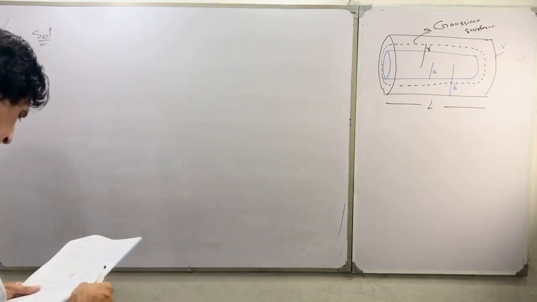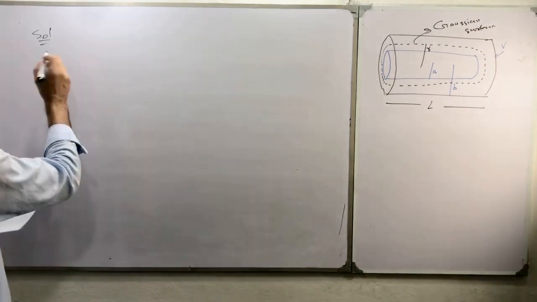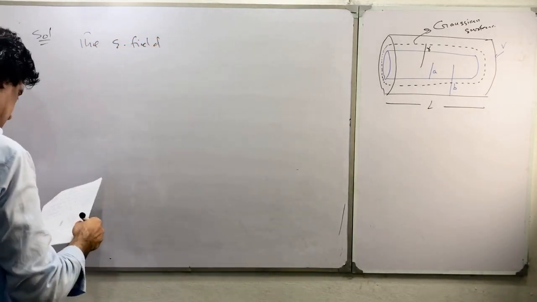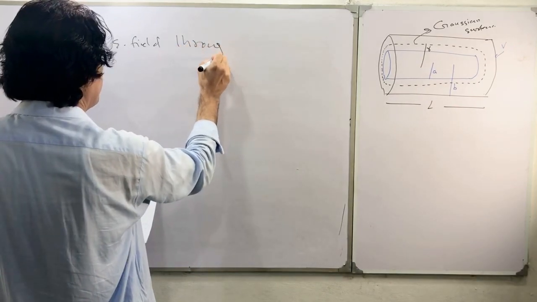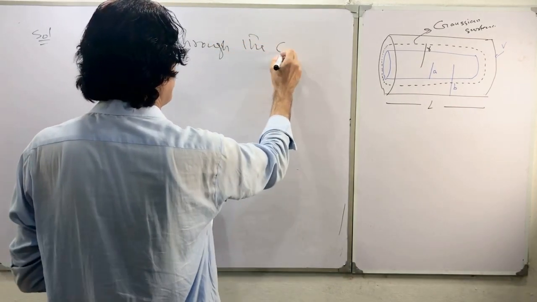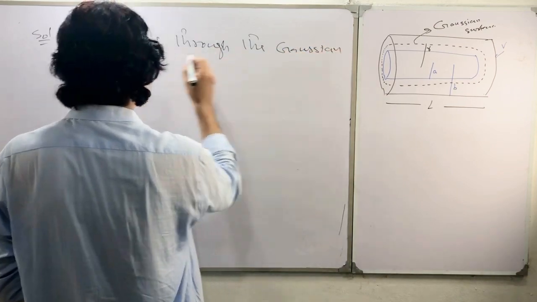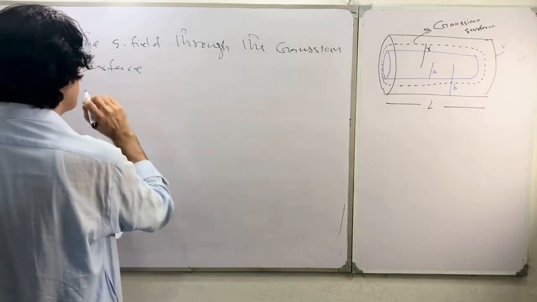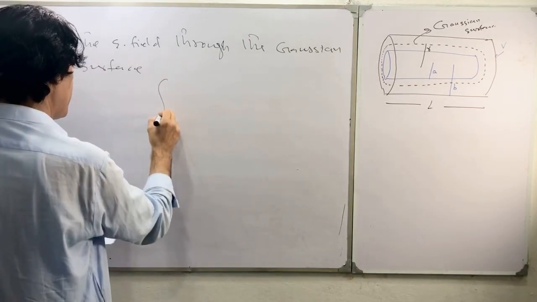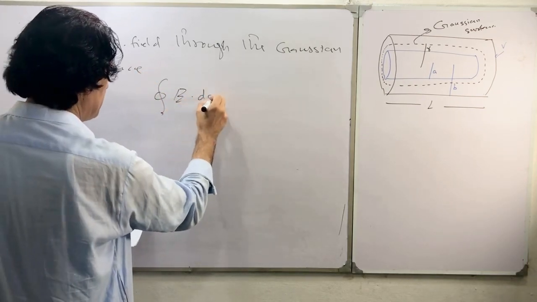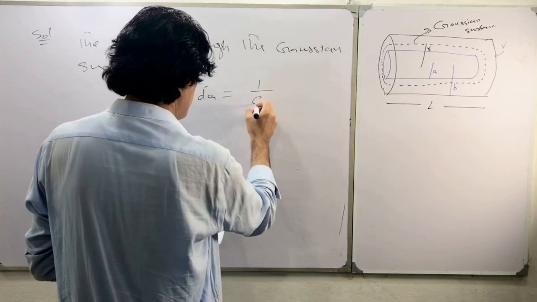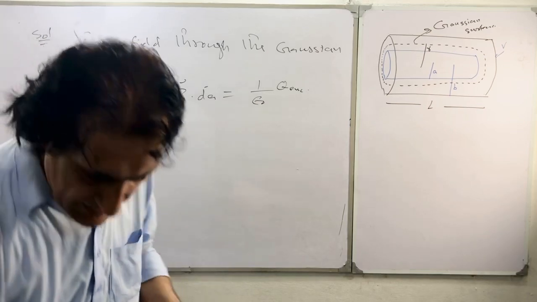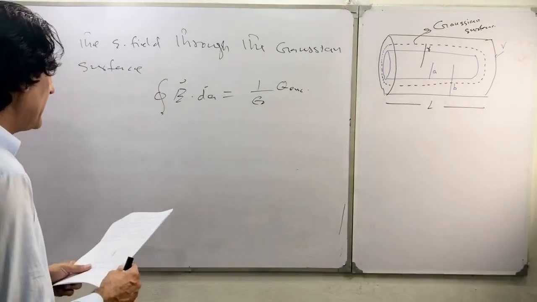Then to find the electric field through the Gaussian surface, we have to use Gauss's law. The integral of E dot dA is 1 over epsilon naught times the total charge enclosed. This is the famous Gauss's law that we can use to find the electric field.